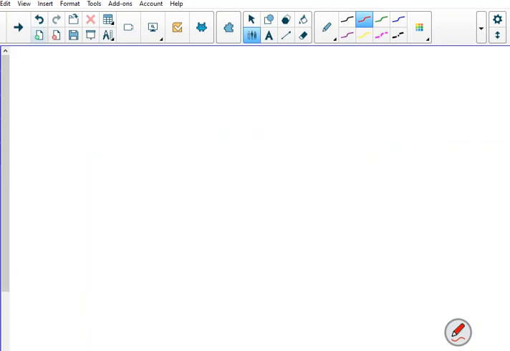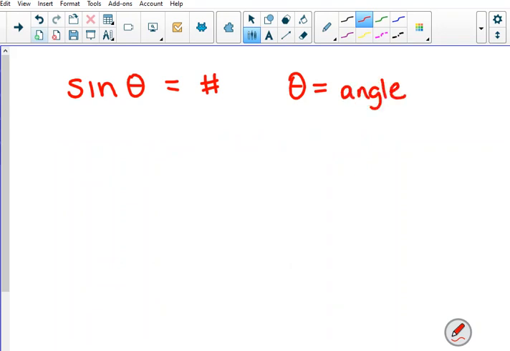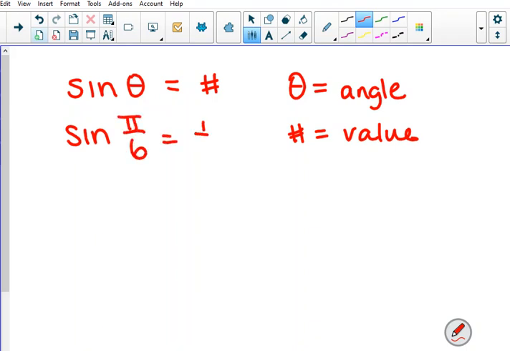So a normal trig function gives us something like sine of theta equals some number, where theta is an angle in radians, and that's some value. For example, the sine of pi over 6 is a half.